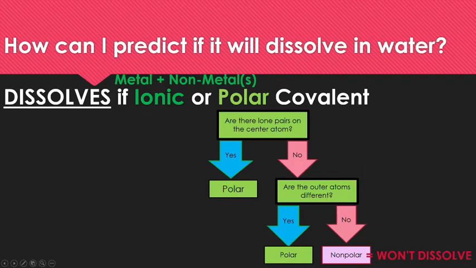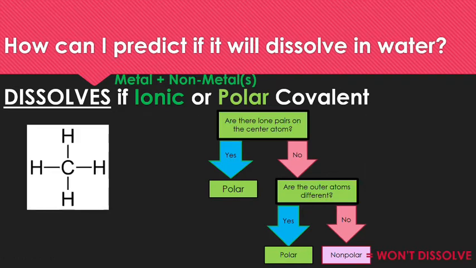Looking at the examples from your packet that ended up being covalent, one was our CH4. C was a nonmetal, and so it is a covalent compound. When we look at this, our central atom is our carbon, and there are no lone pairs on our central atom. And so we can't instantly say this is nonpolar.